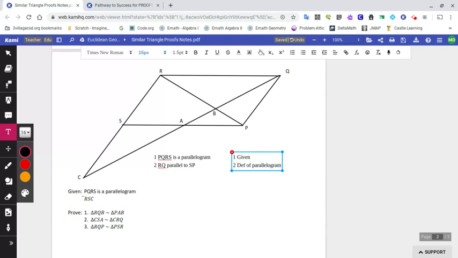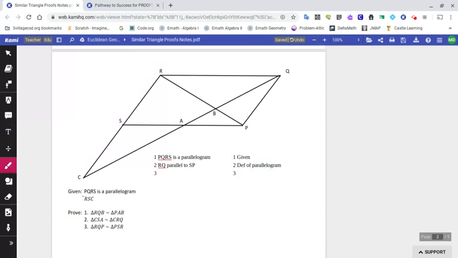Now I'm going to number some of my angles to make this easier to deal with. I'm going to call this one 1, this one 2, this one 3, and this one 4.